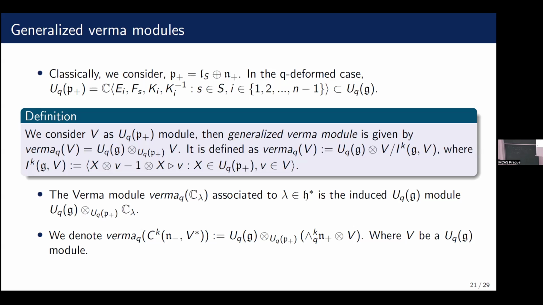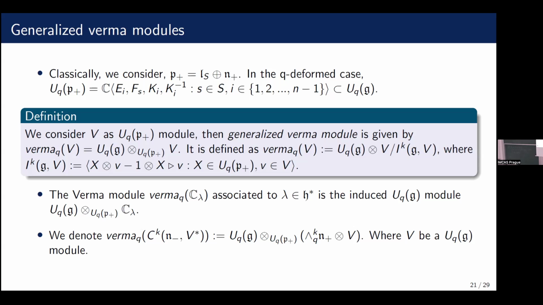You can describe its q-deformation, which is generated by E_i, F_s and K_i inverse. The main difference you can see is in the E's. Whatever node you crossed, the corresponding E_i you are considering in the case of p plus is the thing you are not considering for the Levi. And this actually comes from n plus.